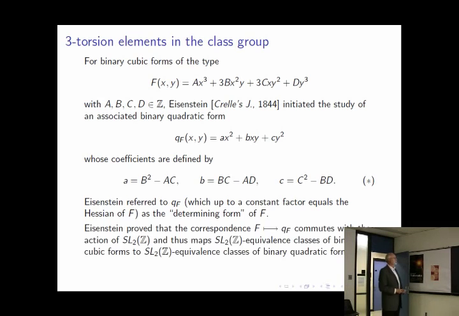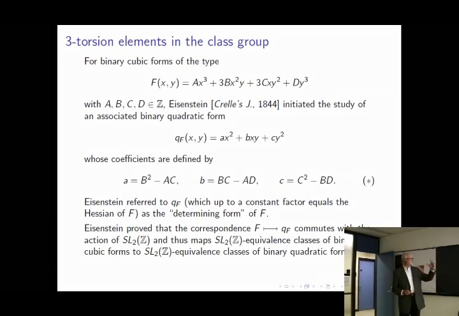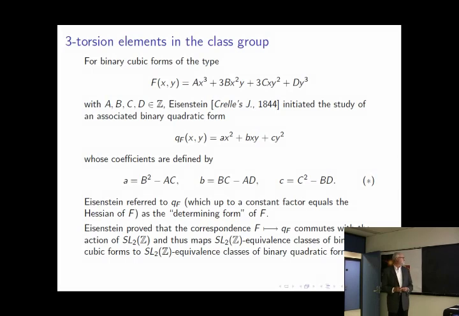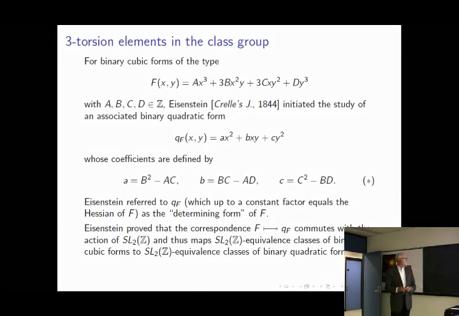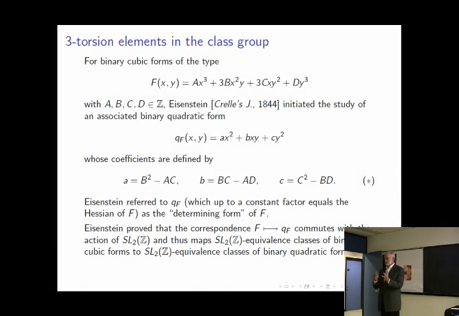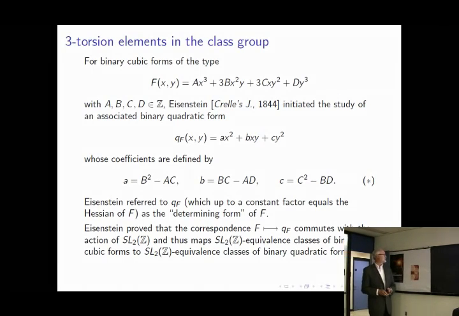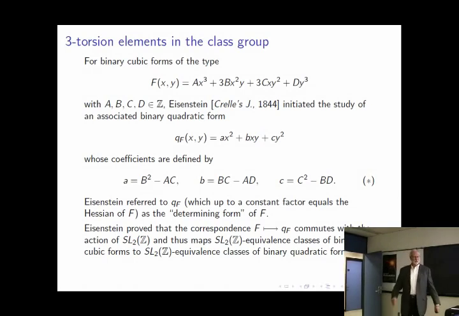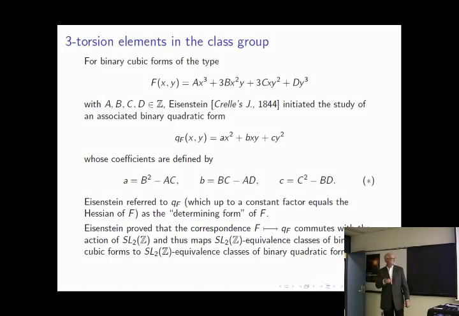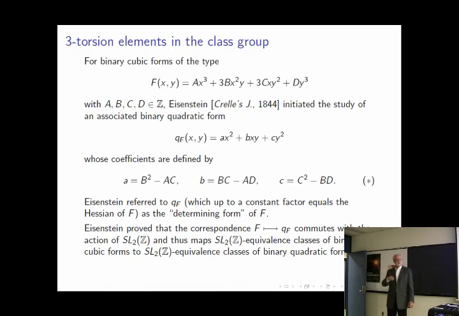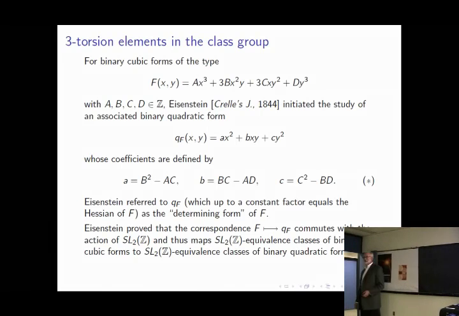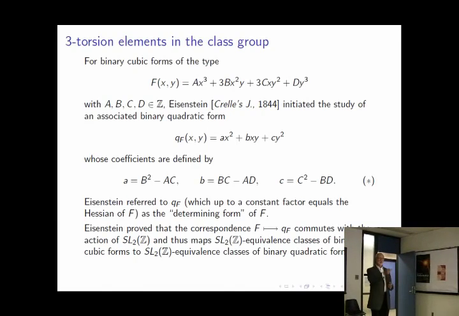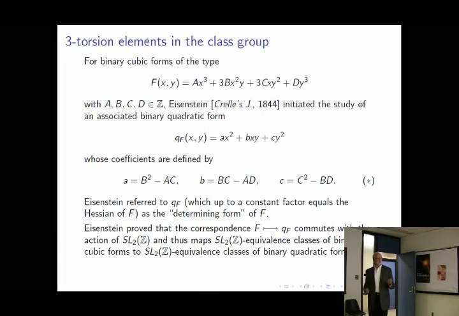Okay? And then Eisenstein went on to observe that he looked at this correspondence. It takes the cubic form f to a binary form. He noted that that commutes with the natural action of SL2Z on the variables in each case. And so it maps SL2Z equivalence classes of the binary cubic forms to SL2Z equivalence classes of binary quadratic forms. Okay? So it's a natural question to ask which quadratic forms come up as images under this correspondence.